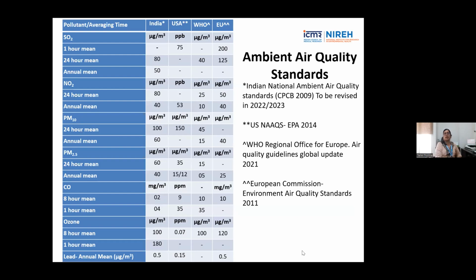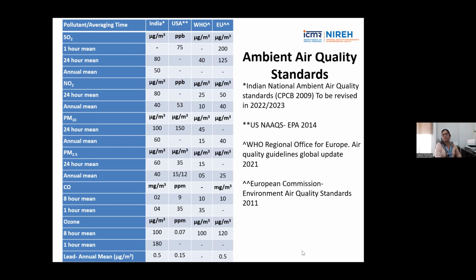Since air pollution is a major problem worldwide, multiple agencies around the globe have come up with threshold values. These are guideline values that countries and cities are supposed to maintain their pollution levels below, so they should not be exceeded.